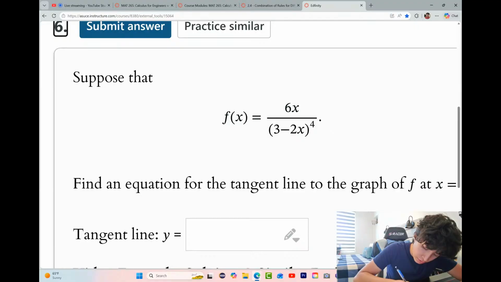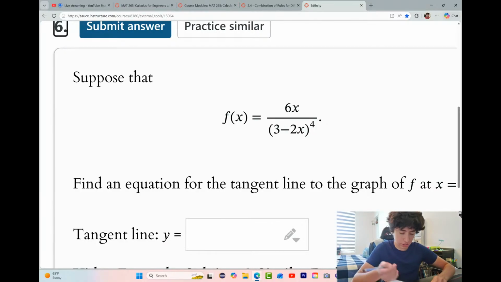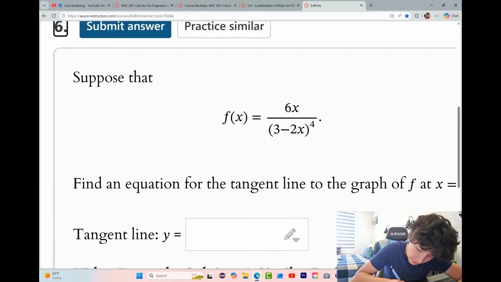If y equals (3 minus 2x) to the power of 4, y prime is the derivative of the outer function evaluated at the inner. So we get 4 times (3 minus 2x) to the power of 3, treating the inside as a single number, times the derivative of the inner function, which is negative 2. So in the end, we get negative 8 times (3 minus 2x) to the power of 3.